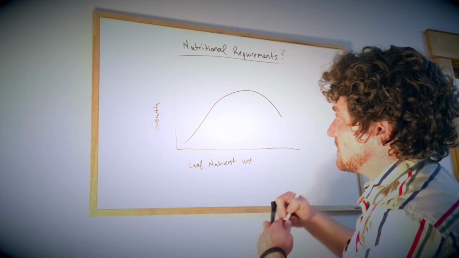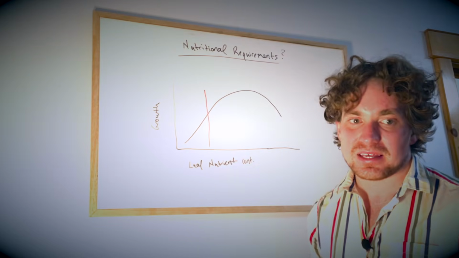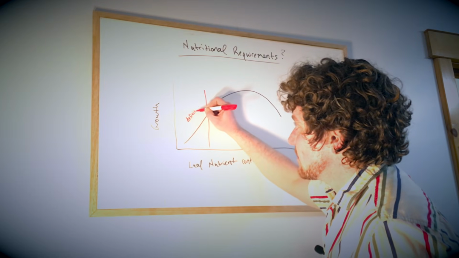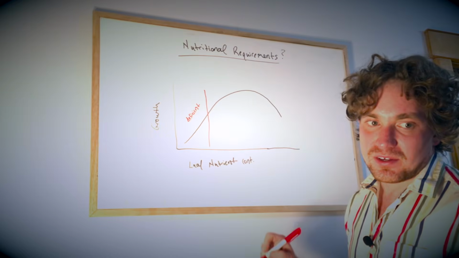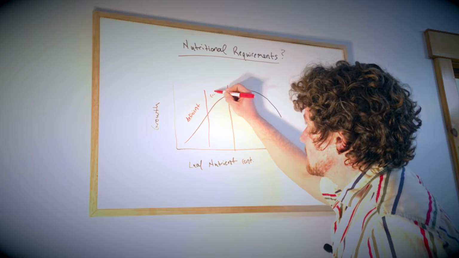So what happens is that you have exponential growth that is limited here when nutrients are deficient. You have a critical range for growth.